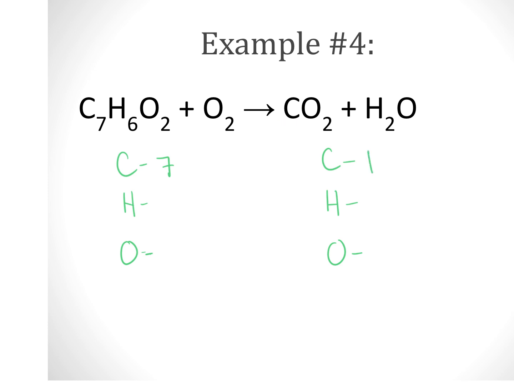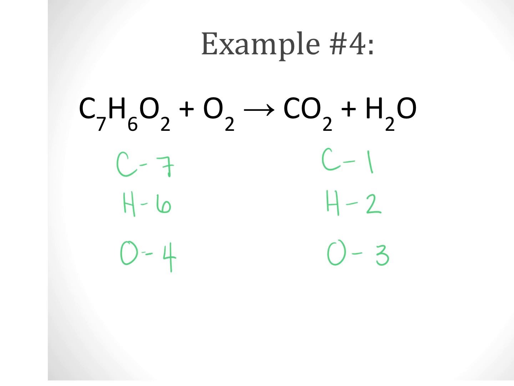Okay. 1. How many hydrogens are on the left? 6. Okay. How many hydrogens are on the right? How many oxygens are on the left? Okay, 2 plus 2, which is 4. And then how many are on the right? Okay, 2 plus 1, which gives us 3.